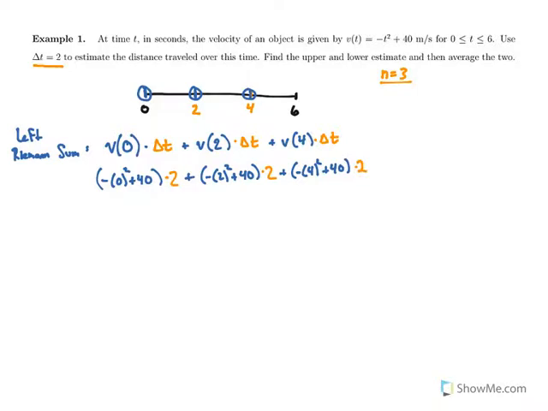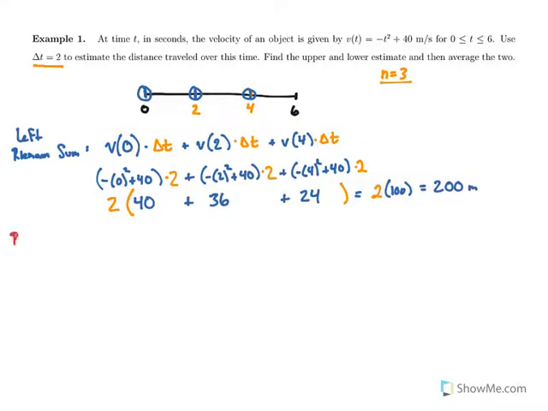So overall, it's going to give us 40. And here we can take out a 2 from all of these terms. We have 40 plus 36 plus 24, all of it times 2, which is going to give us 2 times 100, or 200 meters traveled.